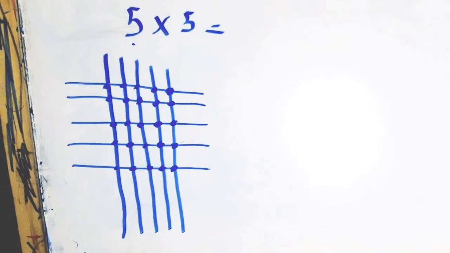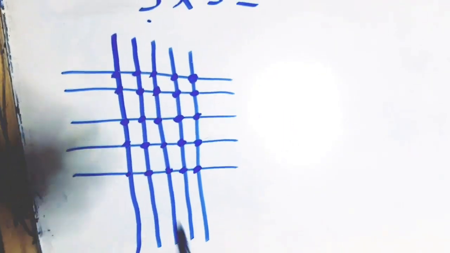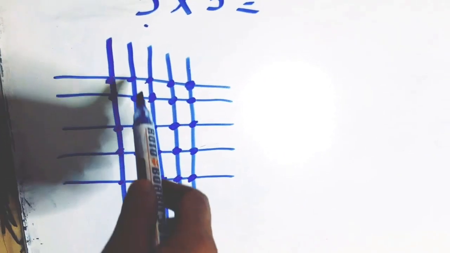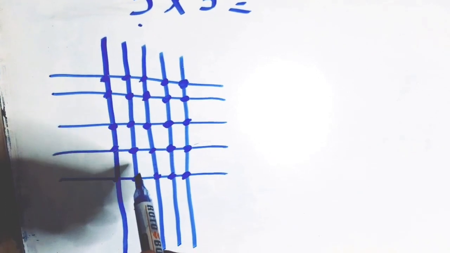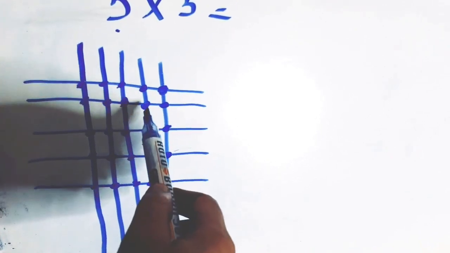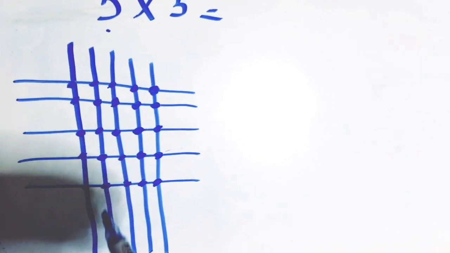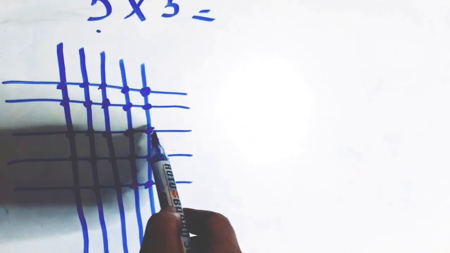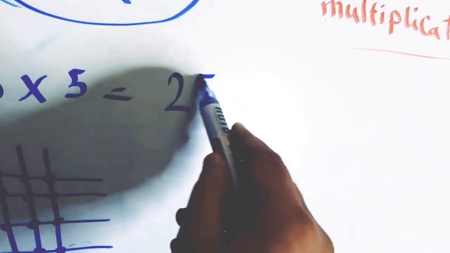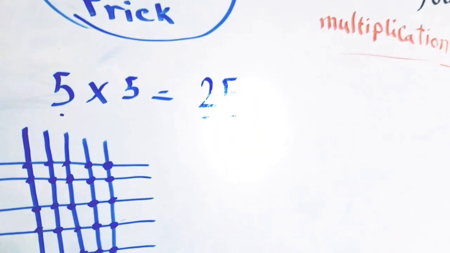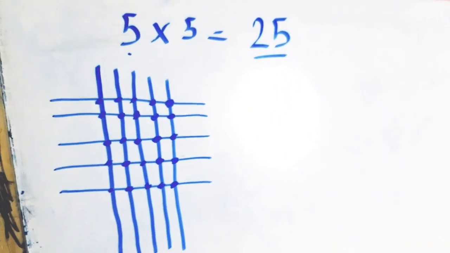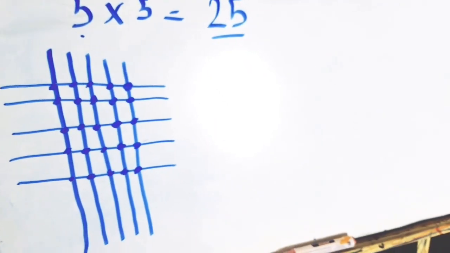After that, we must count the dots. Okay, let's count them. 1, 2, 3, up to 25. We have 25 dots. This is the multiplication product of 5 times 5 using the Japanese lines and dots.